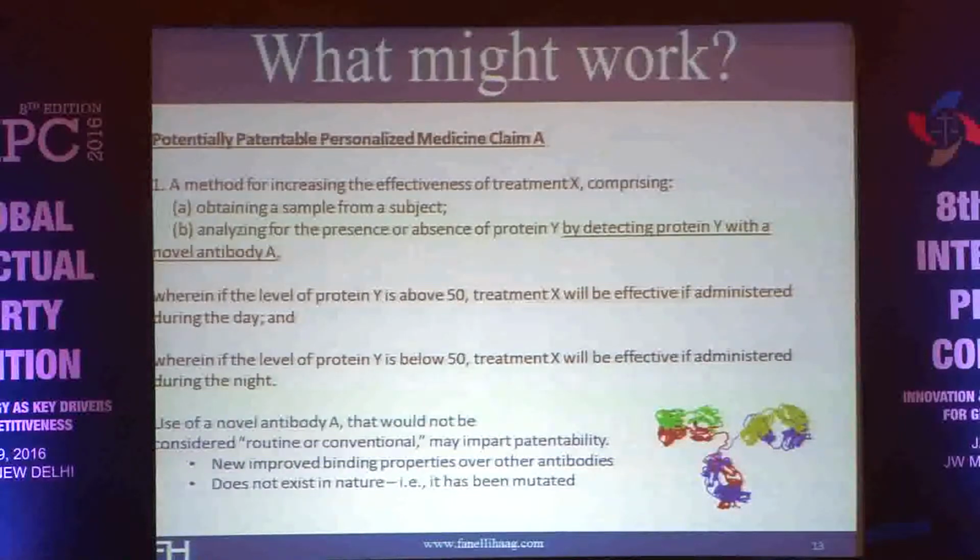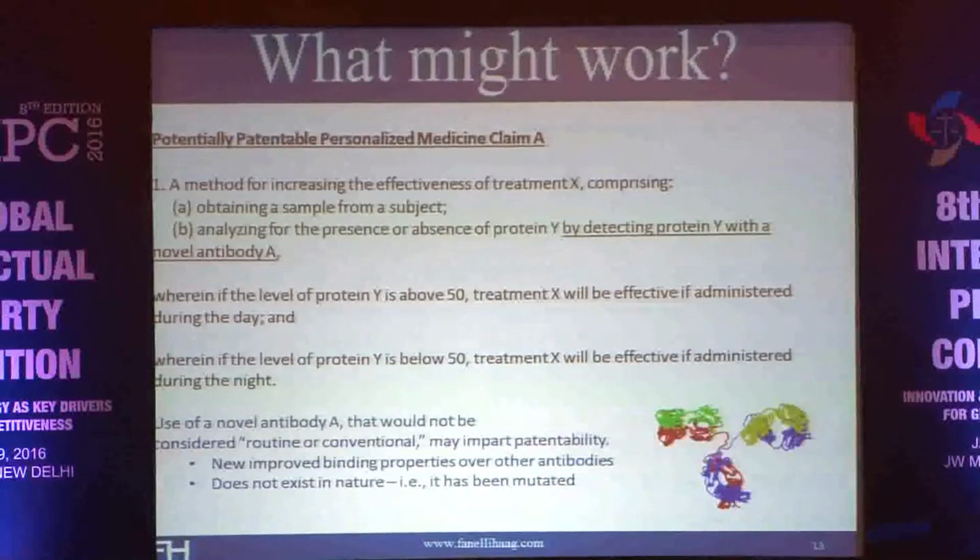The other way that you can look at it, there are a couple different ways. One is an antibody that has a mutation. So something that does not exist in nature would probably allow you to get this claim through, in that it's not a naturally occurring antibody, it's not a naturally occurring principle, so you'd be able to get over the hump.